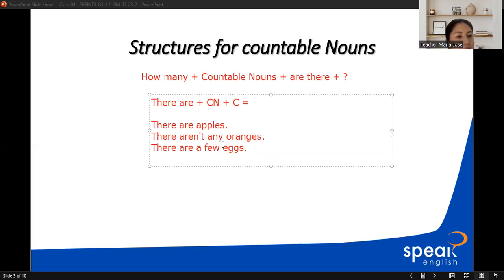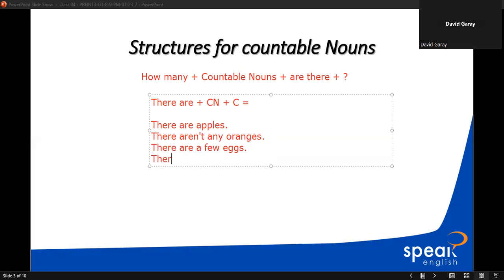Okay. Can I have a different example with another structure, David? There are fewer apples than bananas. Excellent.